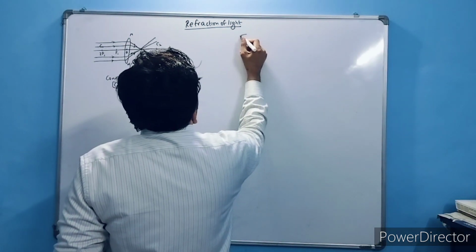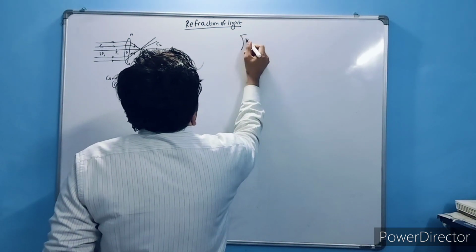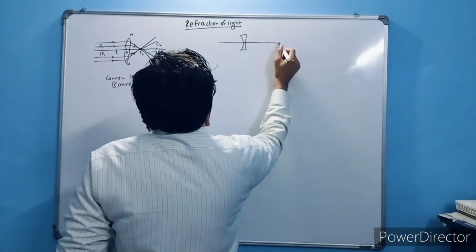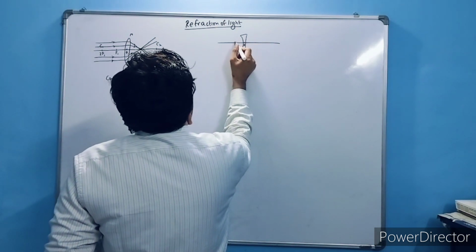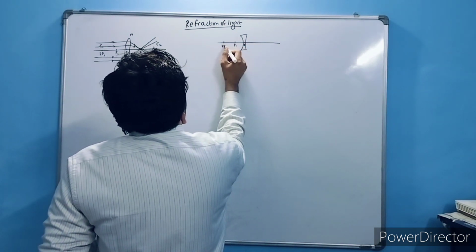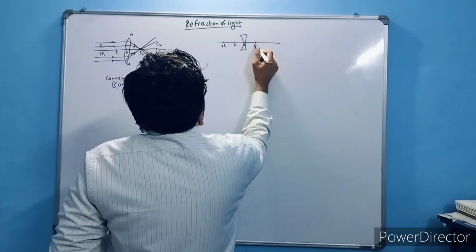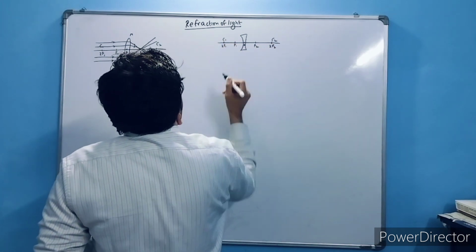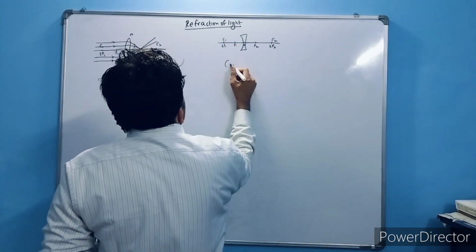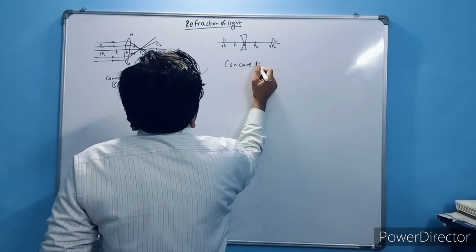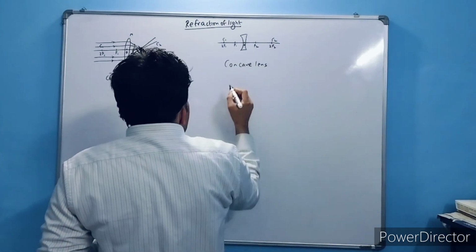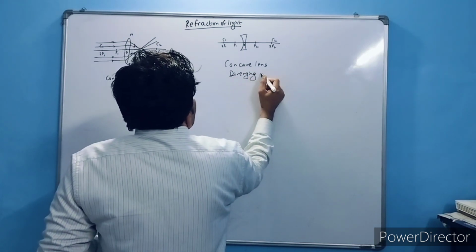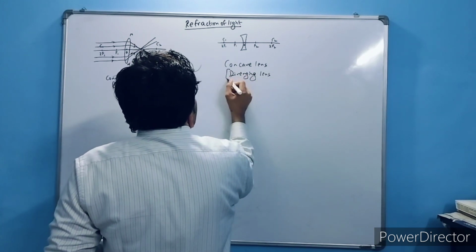Now we try to draw the concave lens. Here we have the optical center, F1, twice F1, F2, twice F2, the centers of curvature. This lens is called the concave lens, that is the diverging lens.